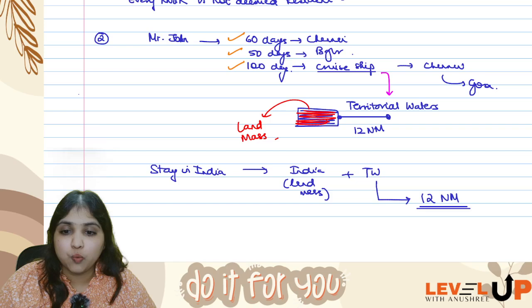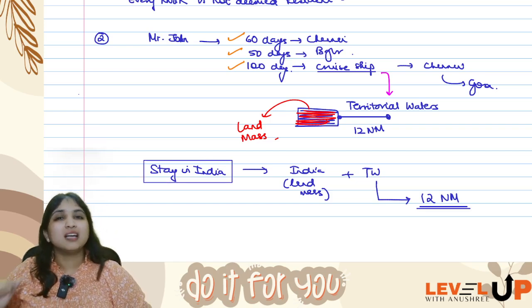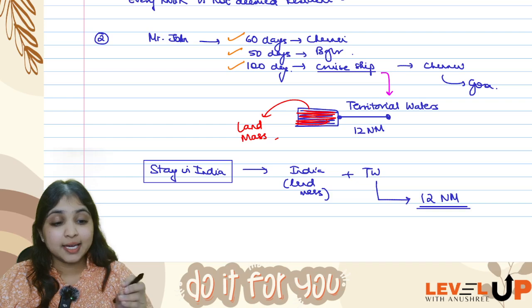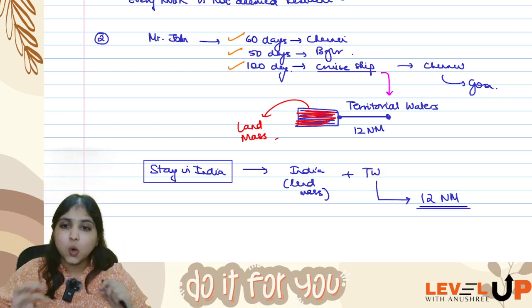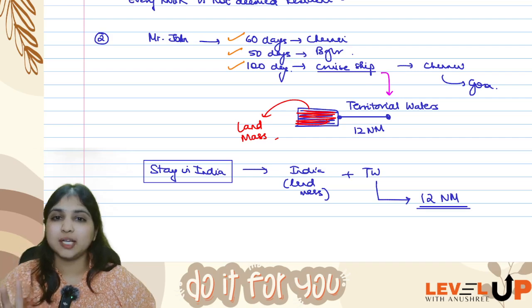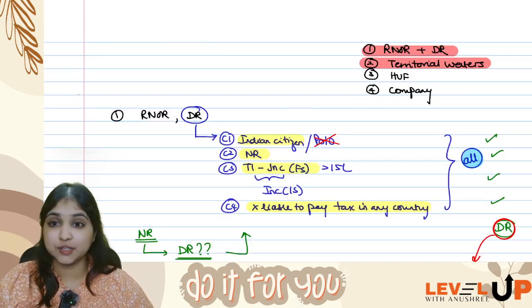Even territorial waters will be included in stay in India. Understood? Yes. So this was my second point of discussion with you, that stay in India is not necessarily stay in the landmass. It can also be stay in the territorial waters. And remember the 12 nautical miles number. Alright. This was another small point I wanted to discuss with you.